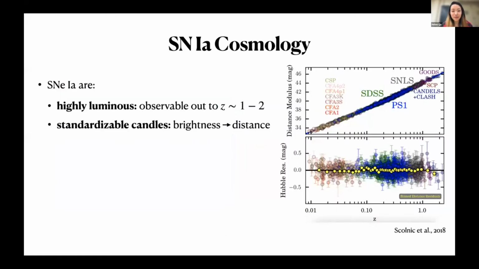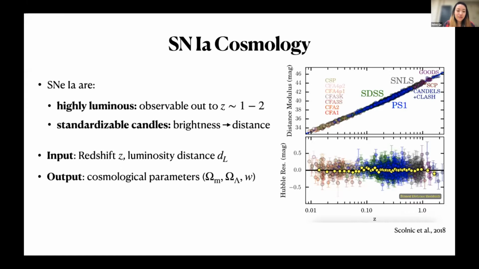So I'm just going to give a brief summary of each of these approaches, even though this has been said many times before. Type 1a supernovae are ideal for cosmology because they're highly luminous, which means they're observable out to a redshift of 1 to 2. And they're also standardizable candles, which means that we can infer their distance from their brightness. Using the distance and redshift information, we're able to place them on a Hubble diagram, such as the one on the right side here.